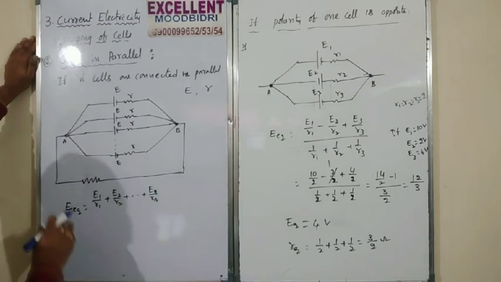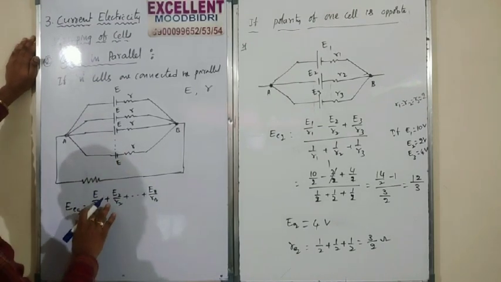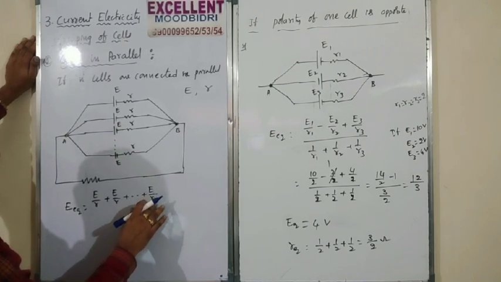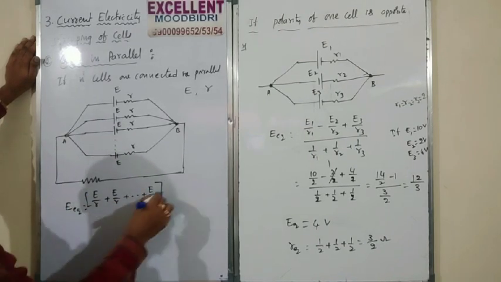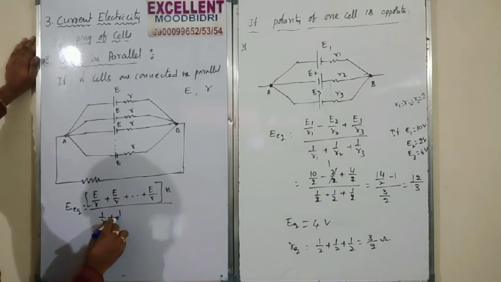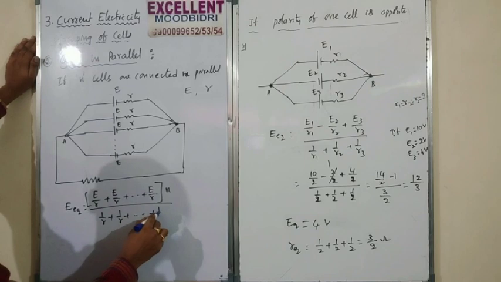Correct? But all are having the same EMF, right? Therefore E by R plus E by R plus so on, N times, divided by 1 by R plus so on, 1 by R, N times.